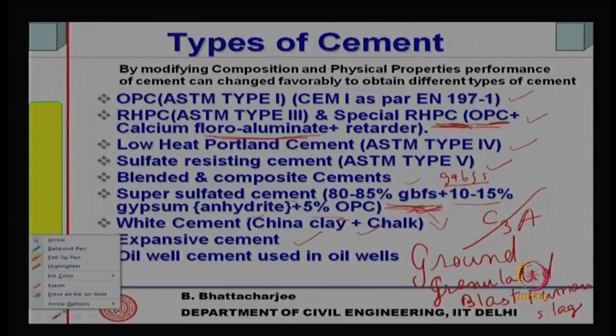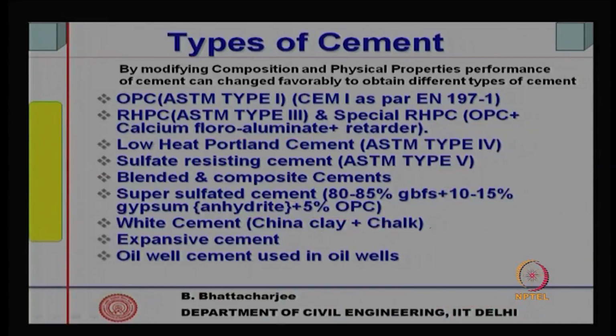White cement essentially is prepared for aesthetic purpose and is prepared from China clay, which is white, and the calcium carbonate source used is chalk. Both are white because they are more or less pure. No iron should be present, no other oxides which can add color.